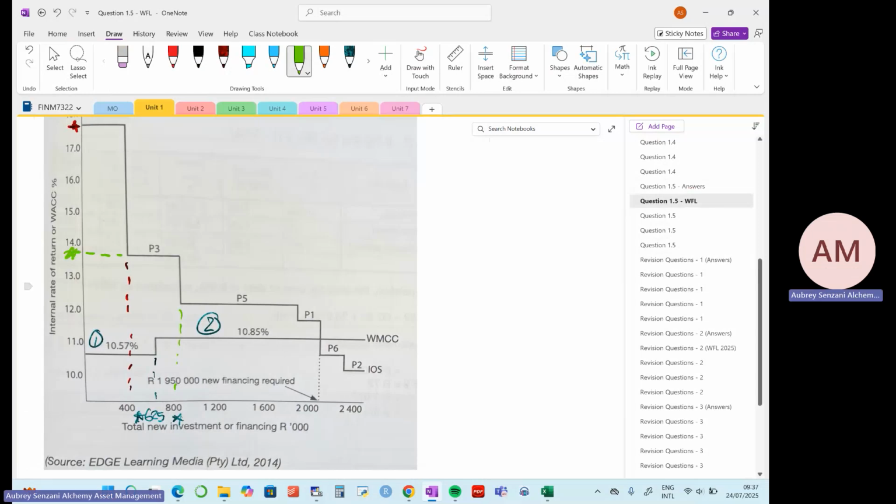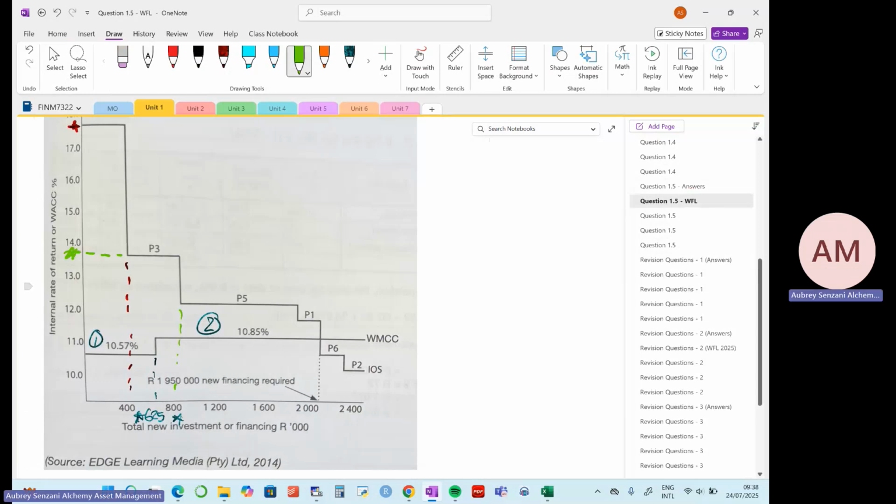This was the last thing we discussed when we were looking at the slides. You've drawn your investment opportunity diagram, and we've also drawn the weighted marginal cost of capital. We will invest in every opportunity, assuming we have the funding, that is above our cost of capital.